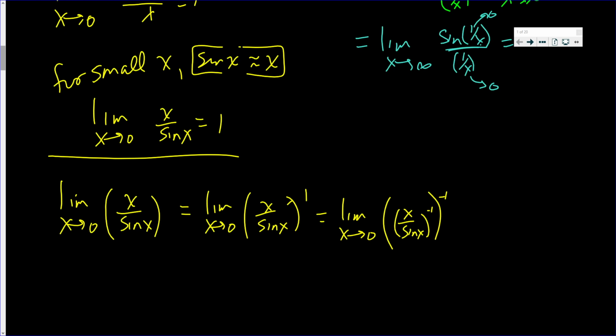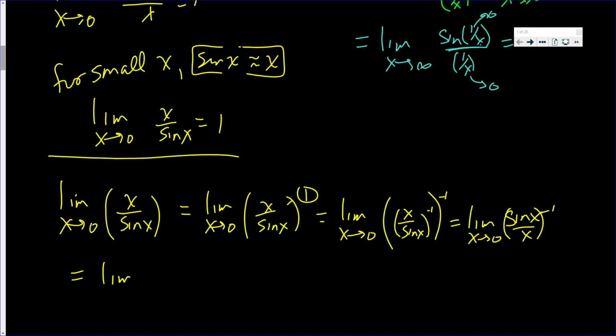And -1 times -1 is 1. And the fraction inside, x over sine x to the -1, well, that's sine x over x.